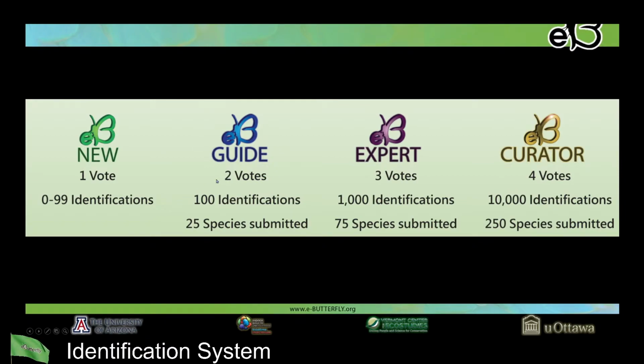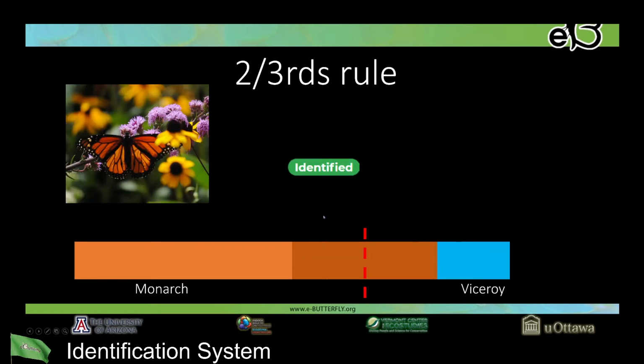Whenever you get upgraded after doing 100 identifications and submitting at least 25 species, you will get upgraded to guide, and then your votes will be worth 2. So, for example, in this previous example, if this person were a guide, then they would overpower even more this person that said it was a viceroy.